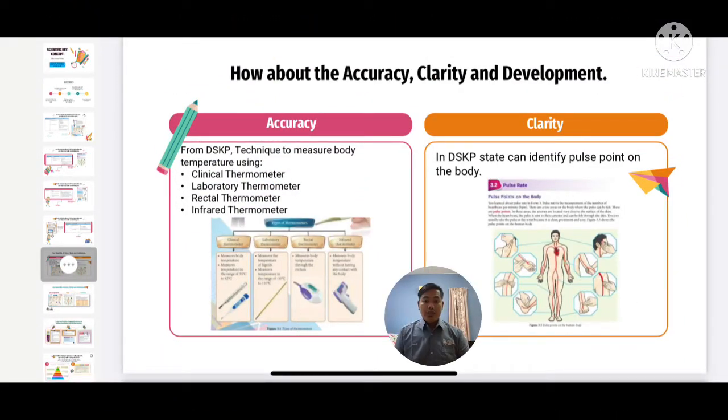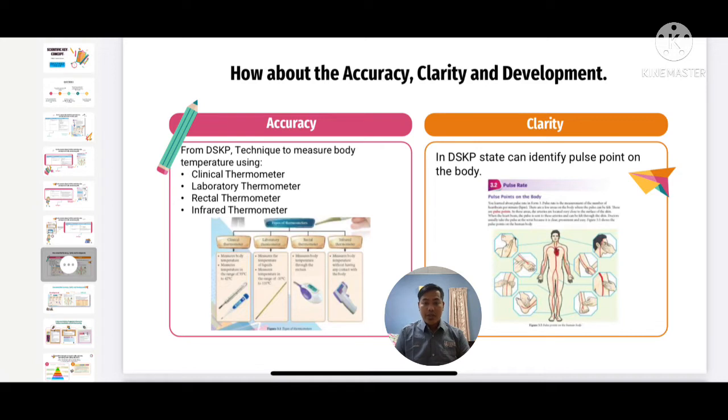Next, we go to the question, which is how about the accuracy, clarity and development of the concept. It has been divided into three key points, which are accuracy, clarity and development. First, accuracy. At each key point, I have stated notes from the DSKP and the textbook examples.